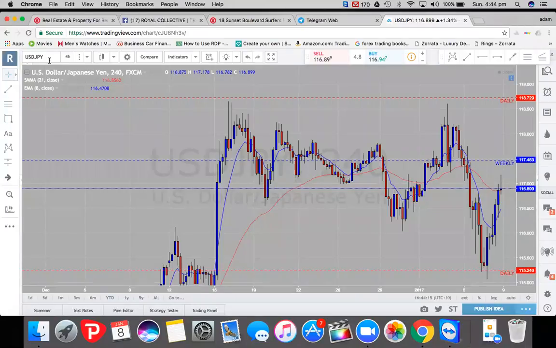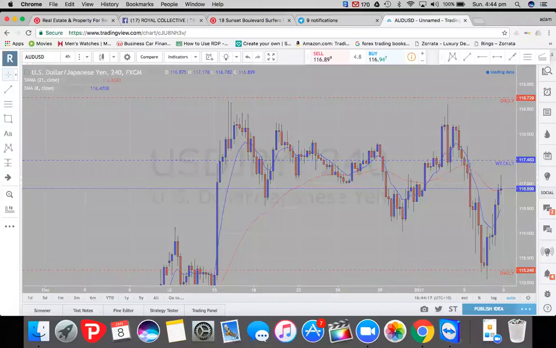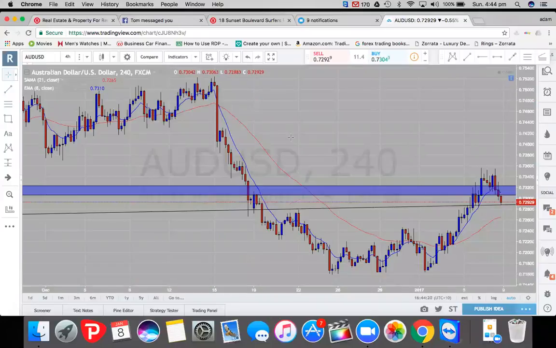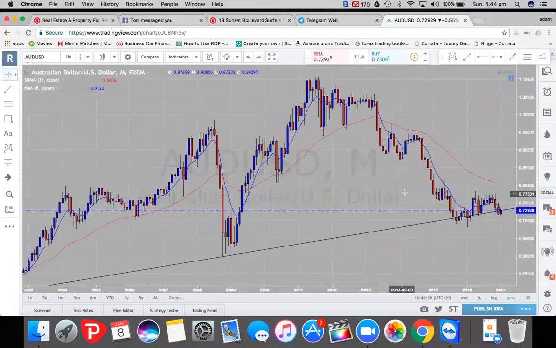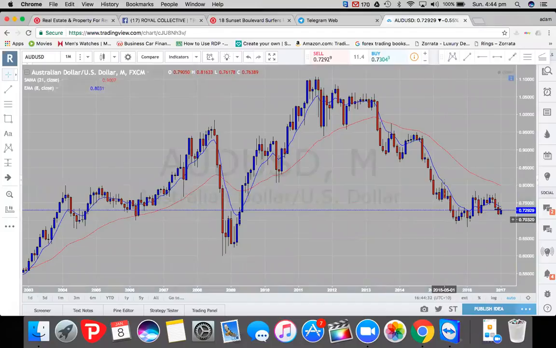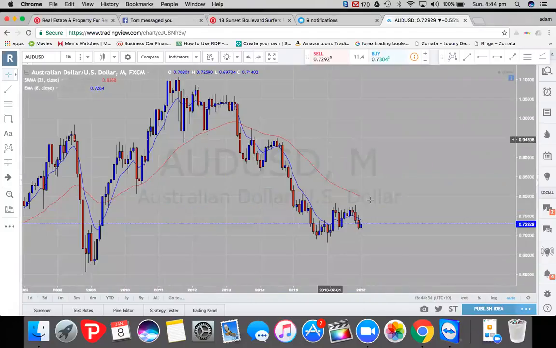Okay, so AUD USD. Key level on a monthly. Where? What do you mean? It's about key levels on a monthly.